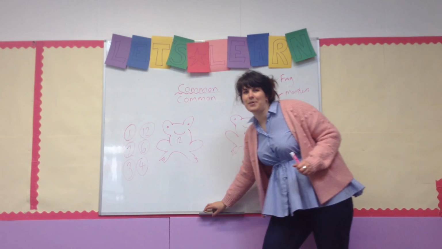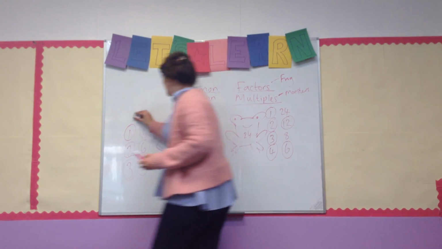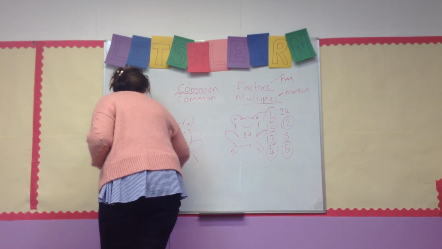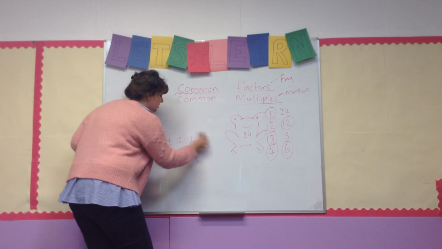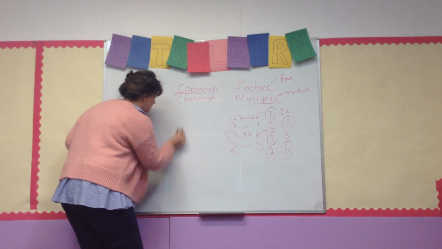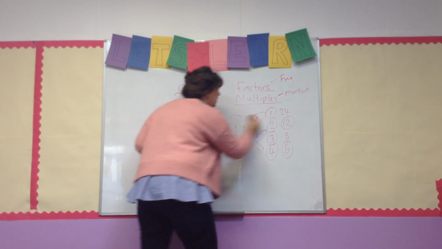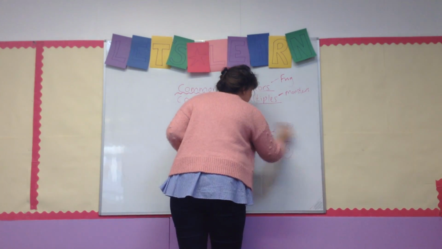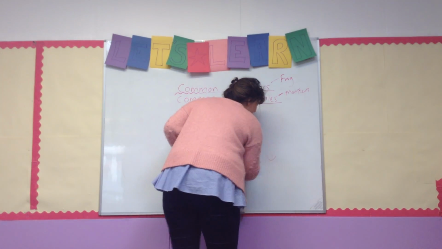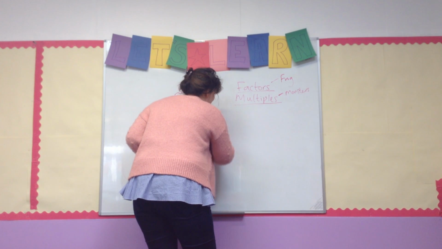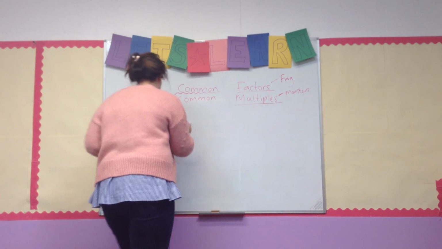We're going to move on now to common multiples. Now, if you remember, multiples, when you think of multiples, we should be thinking of monsters. So I need to draw myself a couple of monsters first of all. Okay, let's have a little look.